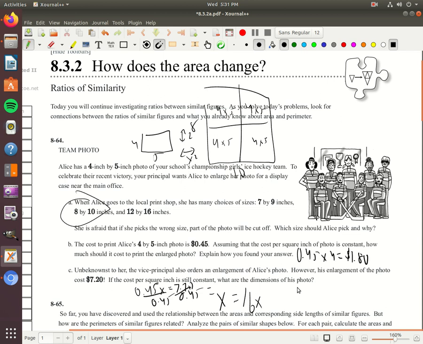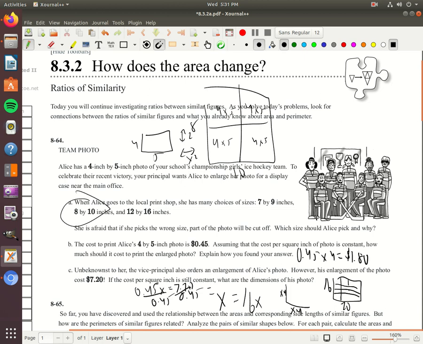So if it's 16 times bigger, it stands to reason that it's 4 times in this direction and 4 times in this direction. So it looks like the bigger one is going to be 4 times 4 is 16, and 5 times 4 is 20. So he ordered a 16 by 20. Again, if we think about what that means, there's our 4, 8, 12, 16 inches.